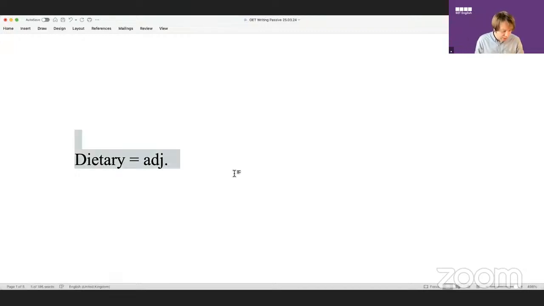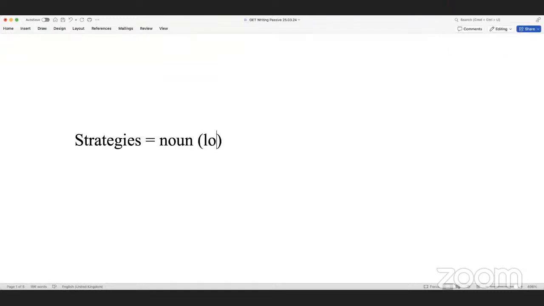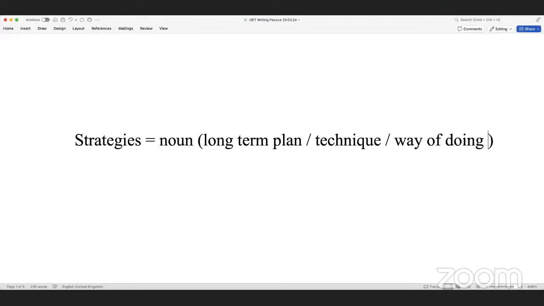Okay, two more and we'll get started. Strategies. It is just a noun. What does it mean? Long-term plan. Yeah, long-term plan, or it's like a technique, a way of doing. Okay. Last one, and then we'll start this class.